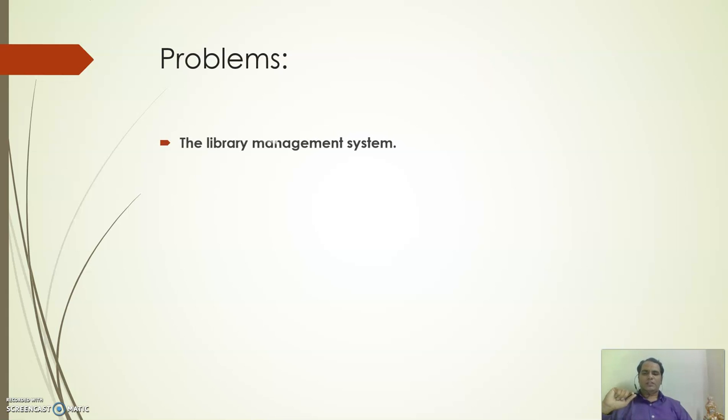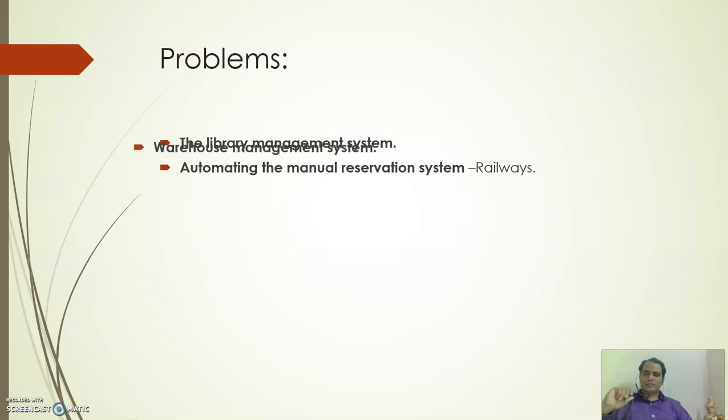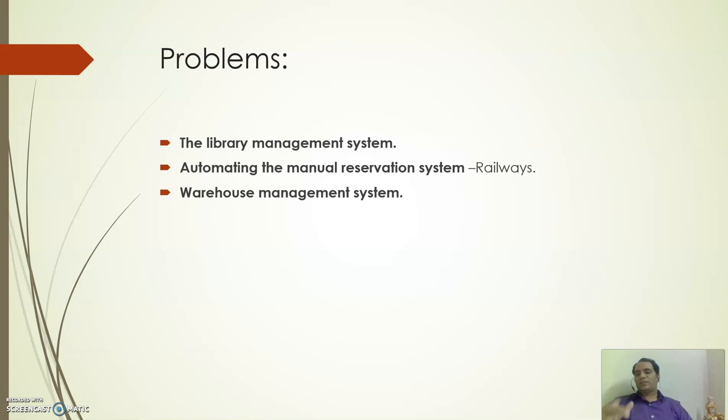The first one is the library management system, where you need to think how we can automate it. The second is automating a manual reservation system; here we consider railway reservation automation. The third is the warehouse management system. We will try to give different modelings and different types of diagrams for these three problems.